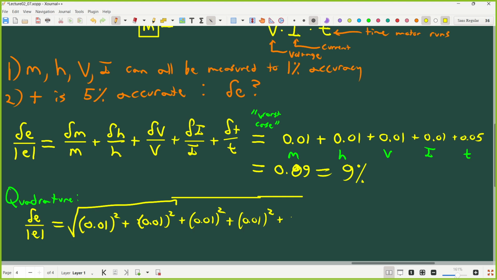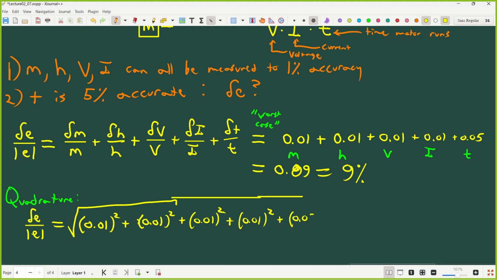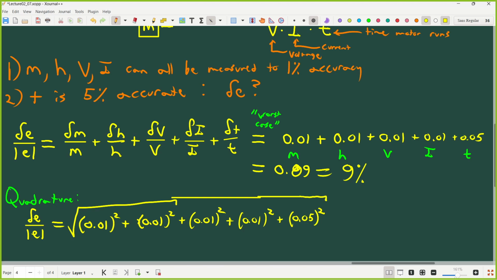plus 0.05 squared. Okay, I'll let you guys run that calculation. Again, it's really easy. What you find is that this ends up being the square root of 0.29.